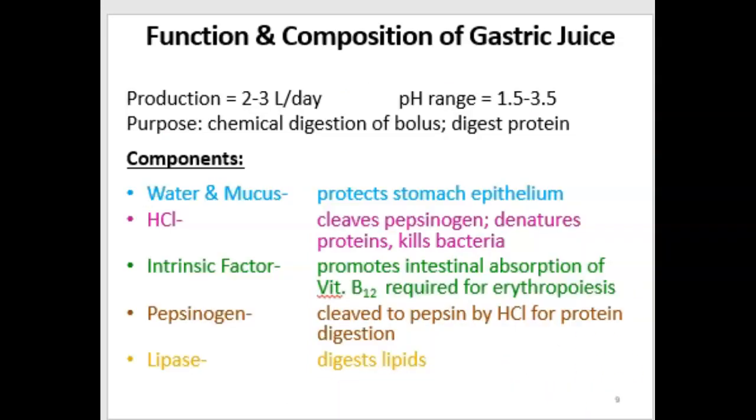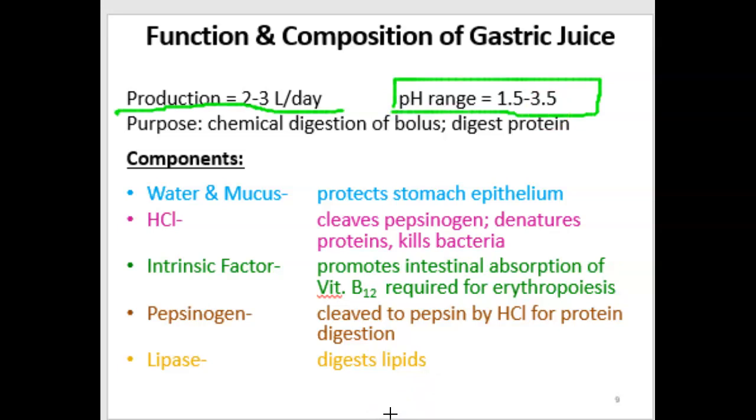So all of the different components of gastric juice that I just mentioned are listed on this slide. We produce 2 to 3 liters a day of gastric juice. That's a lot. And the pH is usually about 2, but I've put a range here of 1.5 to 3.5.